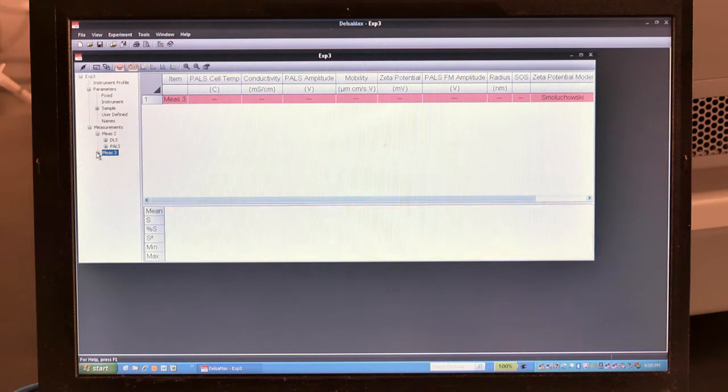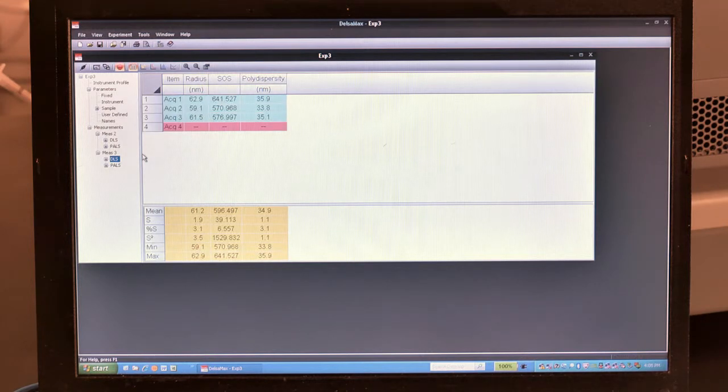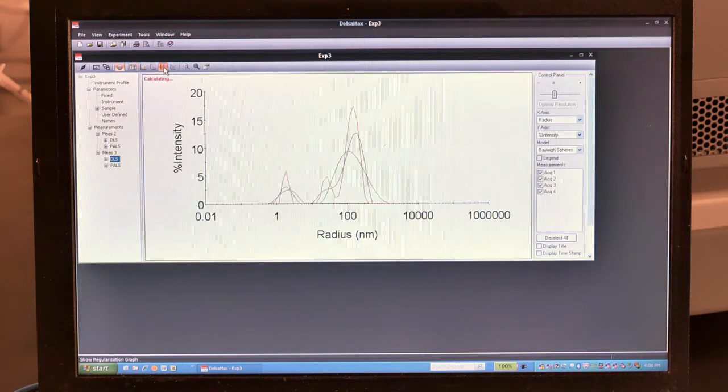Now we can monitor this measurement in real time. We can first look at the dynamic light scattering signal. This is with cumulant analysis, where it's only picking out one peak. It's giving us a much larger than expected size. However, when we go to the regularization graph, it's going to pick out multiple peaks, and that's where we're going to begin to see the small surfactant micelles.